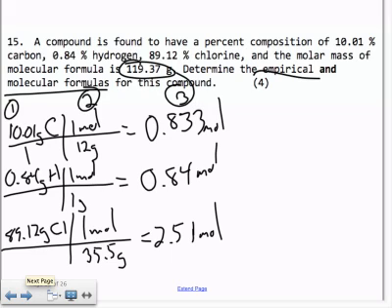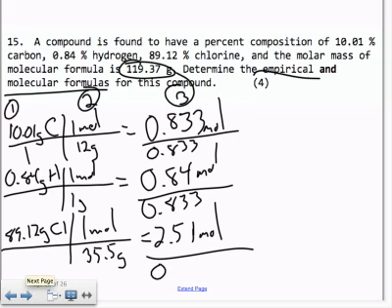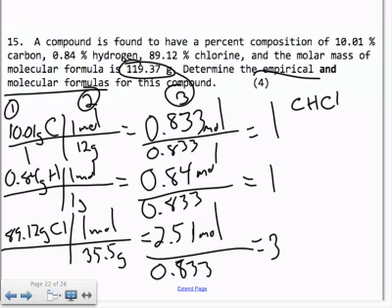Step 3, take those numbers, divide them all by the smallest one. Carbon and hydrogen basically came out to the same number, but carbon is slightly smaller, so we're going to use that one, 0.833, which gives us 1, and gives us 3 for the chlorine. So those numbers become the numbers in our empirical formula, which is CHCl3. That's your empirical formula.